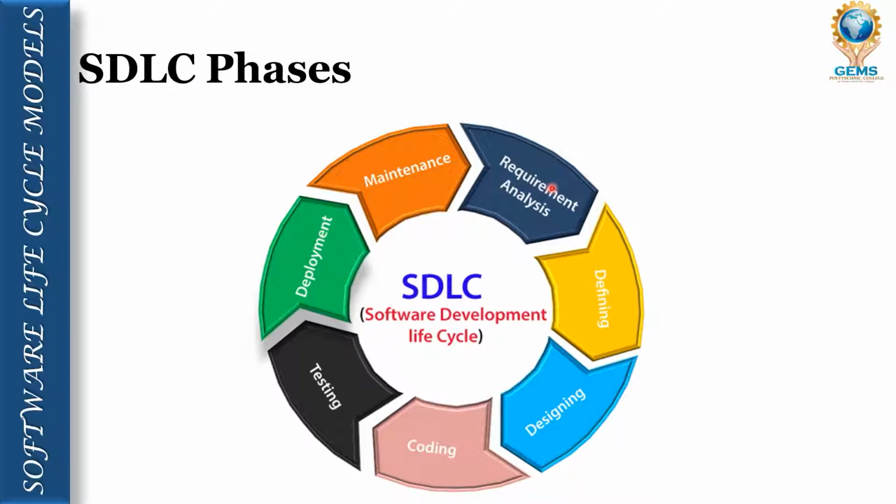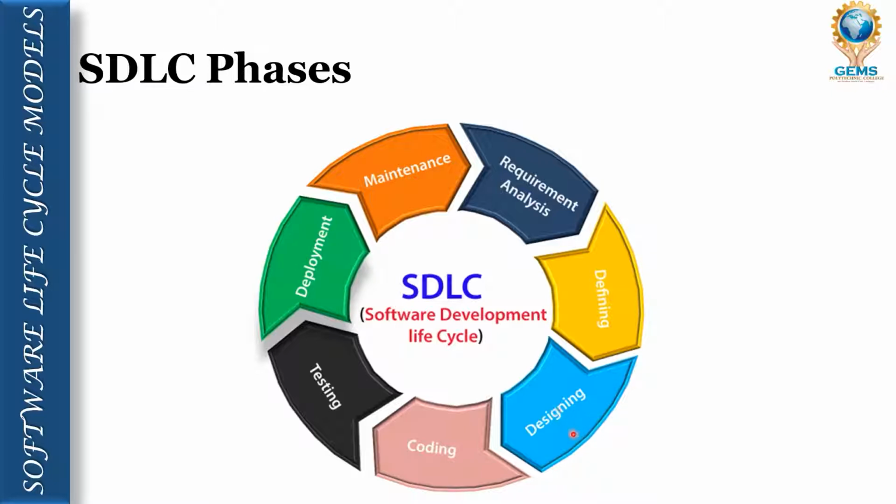Once we get the requirement from the client, we analyze it, then we define the requirement. Once it is defined correctly, then we go for the designing part of the defined requirement.